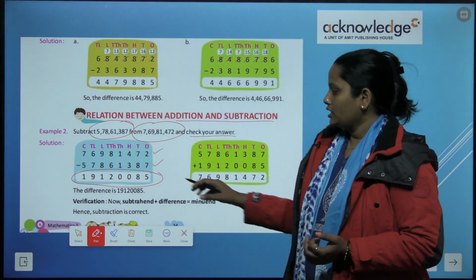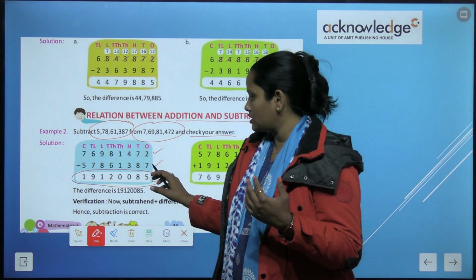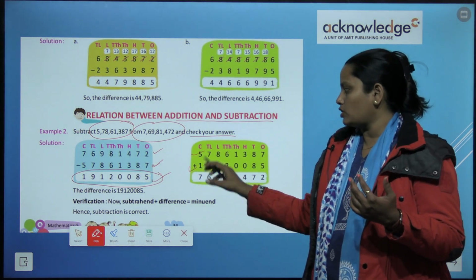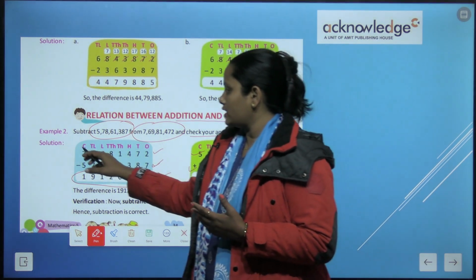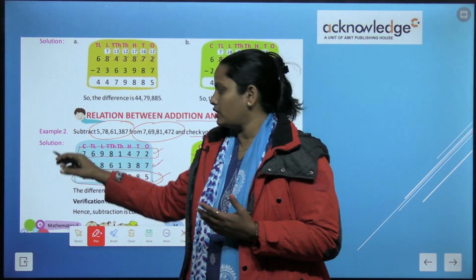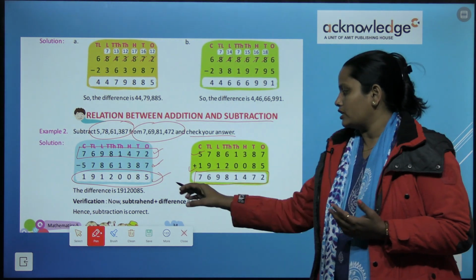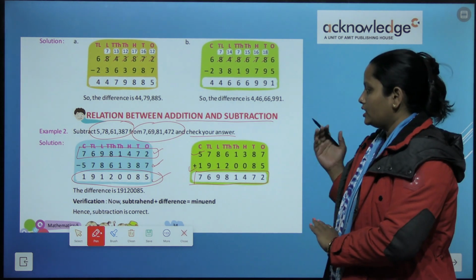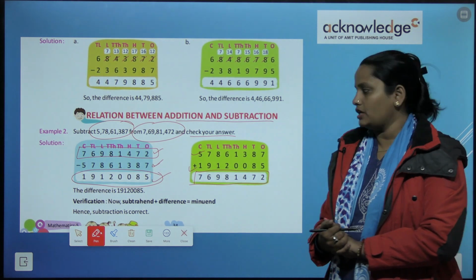रिलेशन ये है कि ये जो हमारा आंसर है ये हम इस स्मॉलर नंबर में ऐड करेंगे. तो इस आंसर को हमने इस स्मॉलर नंबर में जब ऐड किया, what are we going to get? We will get this bigger number as the answer. आप देखो ये बिगर नंबर आपको आंसर के रूप में मिला है. इसका मतलब ये है कि जब भी हम आंसर से स्मॉलर नंबर को ऐड करेंगे, we will always get the bigger number.